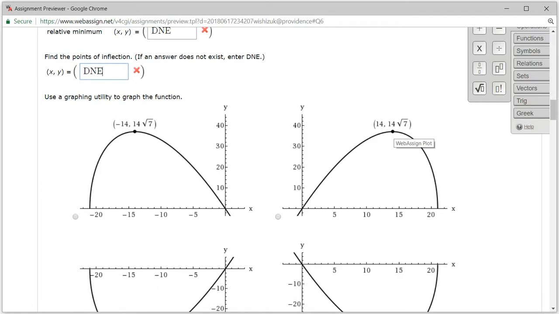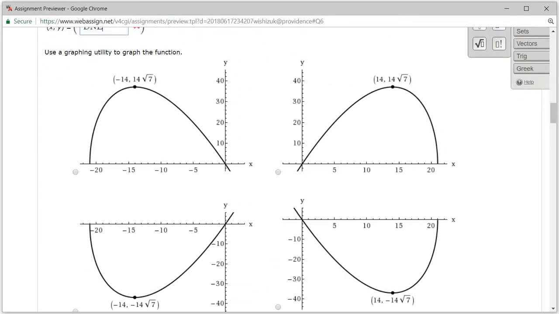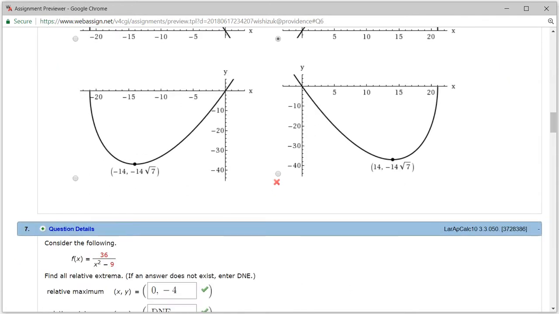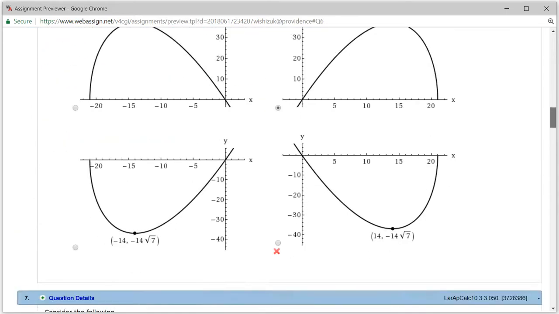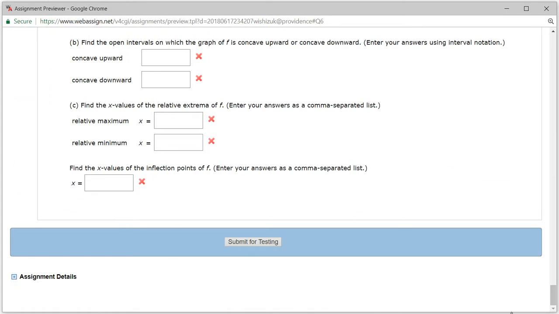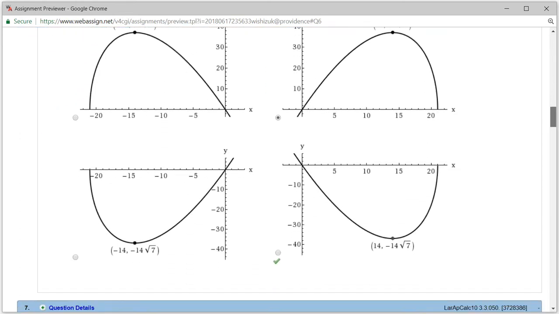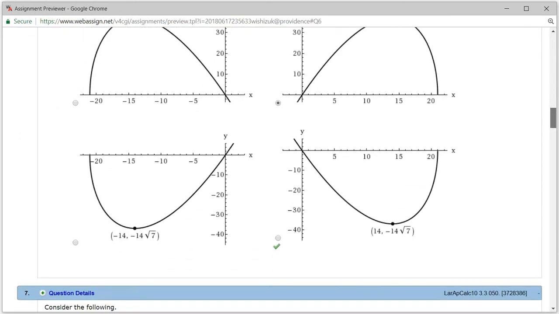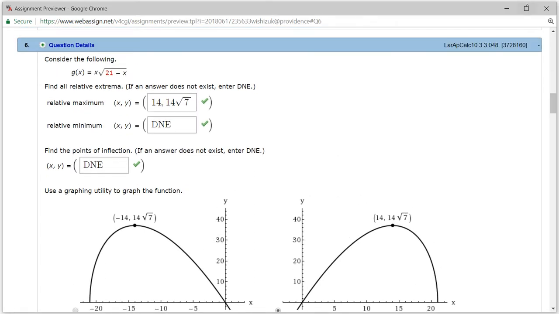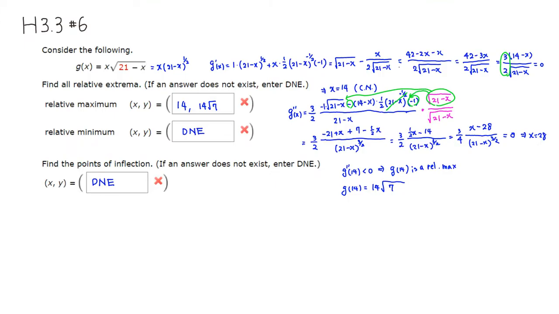This is going to give you a maximum there, so that looks promising. The other ones give you a local minimum, so that's the only picture there. So let's check the answer. Submit for testing. Alright, I came back and it looks like we got this one correctly and the picture correctly as well. Alright, that's it. I hope that this was clear.